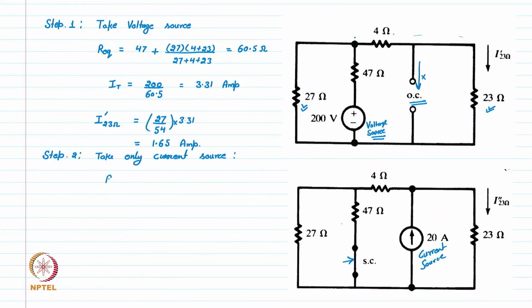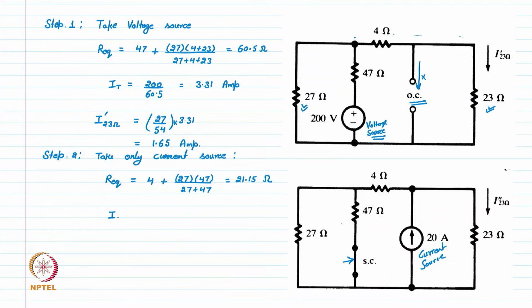If we write the R equivalent, the total resistance, this is 4 ohm in series with the parallel combination of 27 and 47. This is 21.15 ohm.